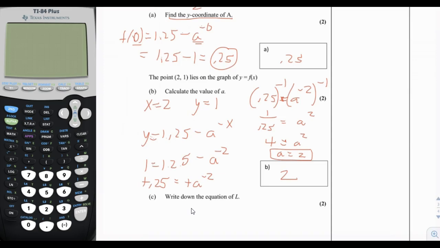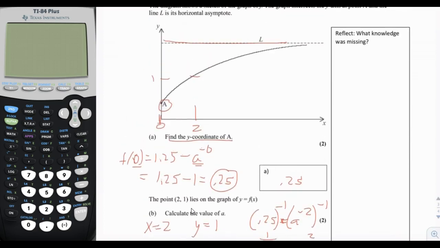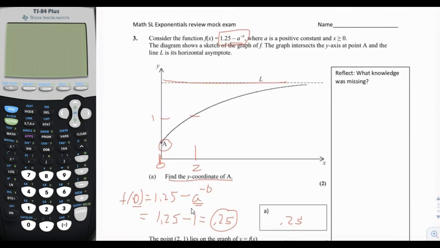Now it says write down the equation of the asymptote, the line L here. Basically, if you take the equation 1.25 minus 2 to the negative x, and you want to find the asymptote, you could just put a really big number in for x. If you put a really big number for x, you're going to get 2 to the negative, like 100, right? 2 to the negative 100 would be 1 over 2 to the 100. 2 to the 100th is a huge number. 1 over a huge number is basically 0.